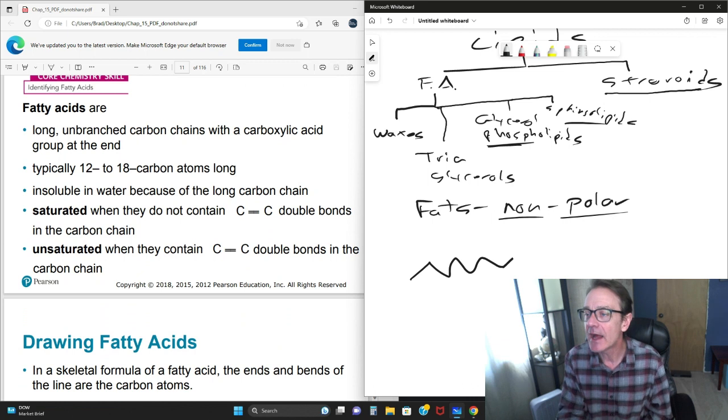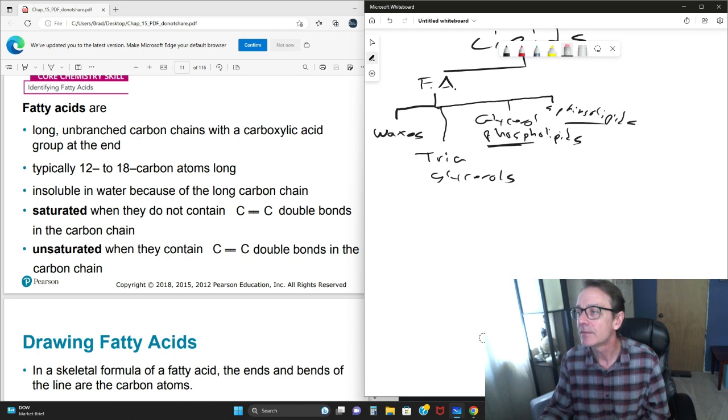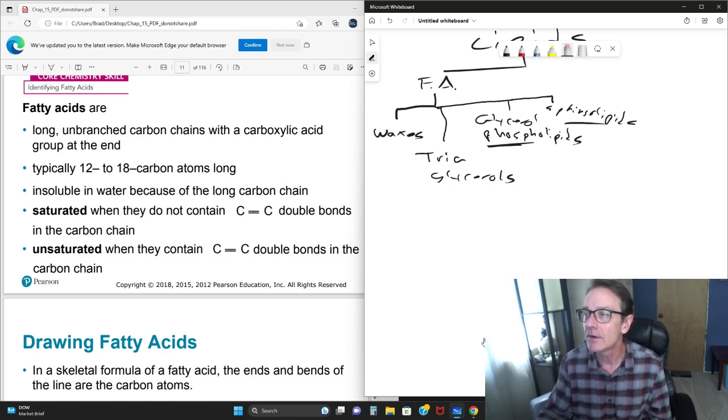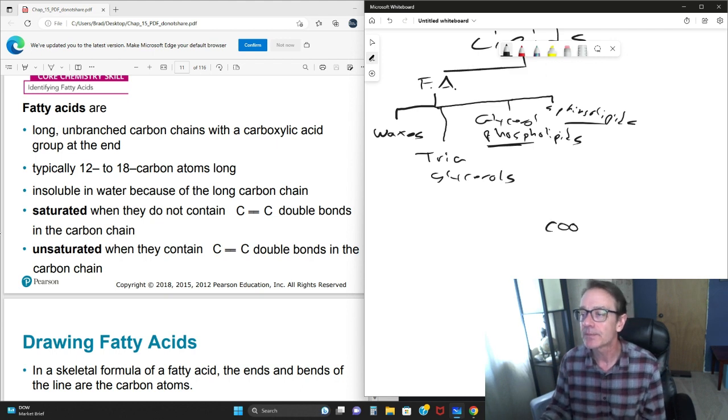Okay, so fatty acids. And we looked at our fatty acid family up here. Let's get rid of steroids, and we're going to look at fatty acids right over there. Okay, so they typically have that carboxylic acid on the end with a carbon chain that is 12 to 18 long.